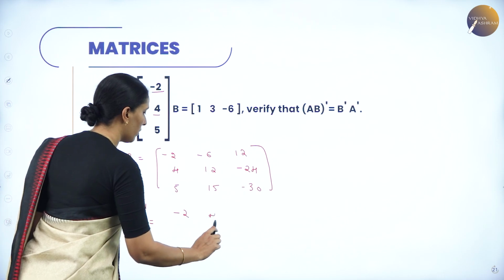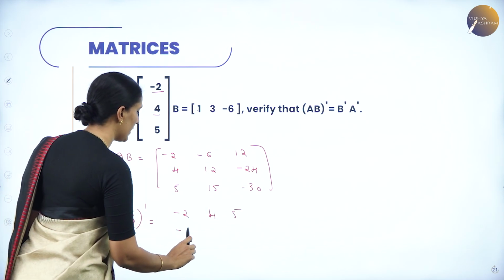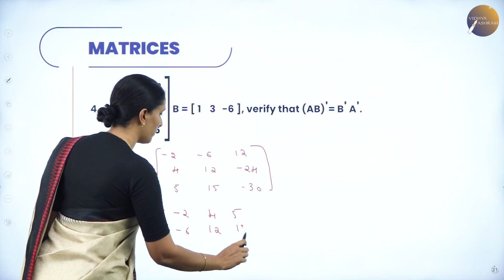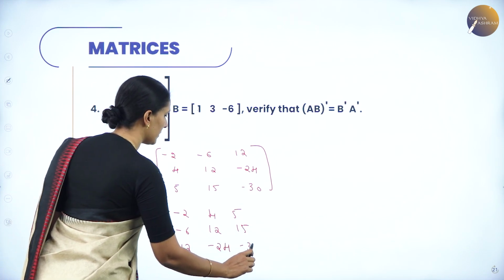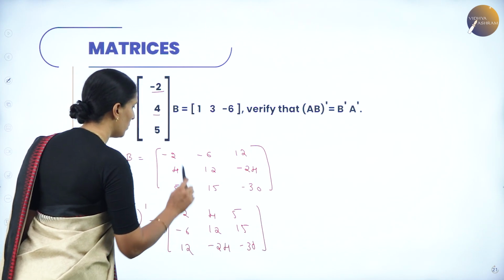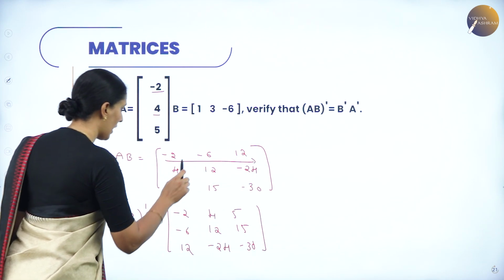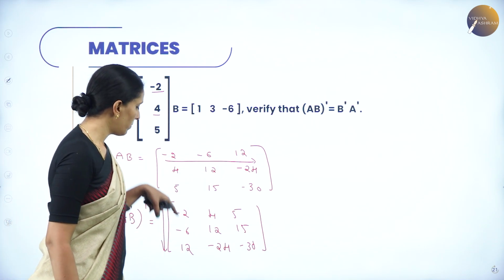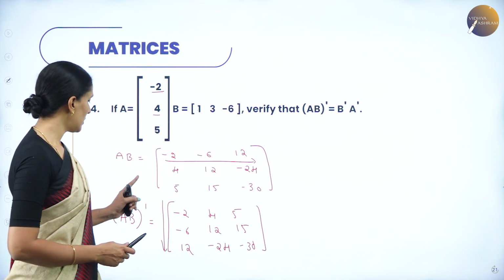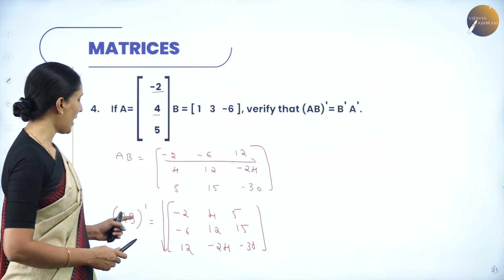Minus 2, 4, 5, minus 6, 12, 15, 12, minus 24, minus 30. So this is row and we are writing in column. So the row should be written in columns. So this is the transpose of the matrix AB.